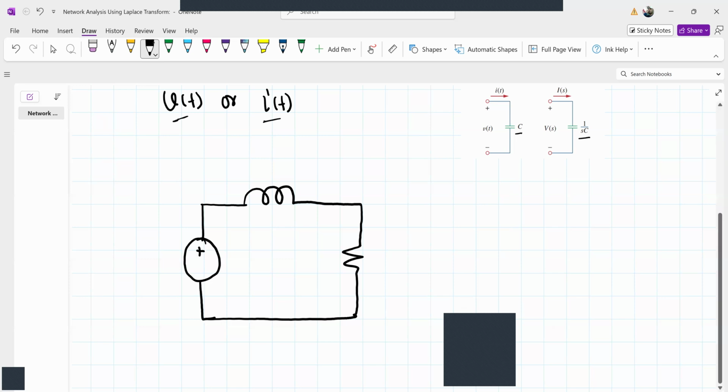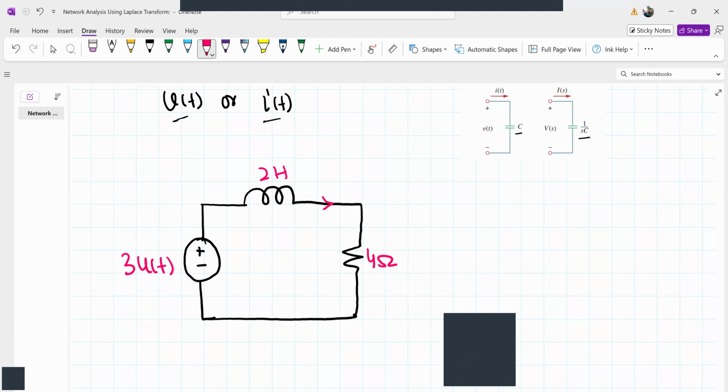Suppose the voltage source is 3u(t), the inductance of the inductor is 2 henry, and the resistance of the resistor is 4 ohm.